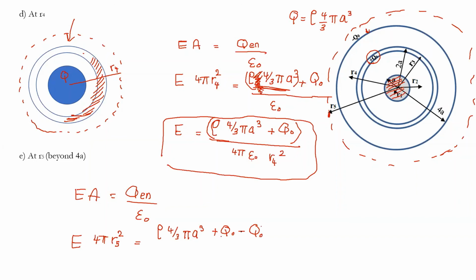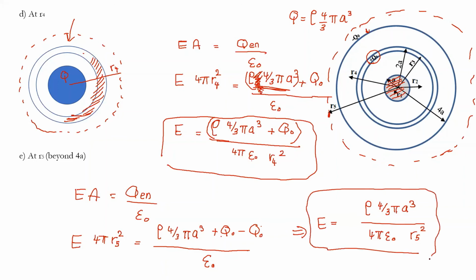So these get cancelled, right? So your electric field is rho 4 over 3 pi a cubed divided by 4 pi epsilon naught R5 to the power 2. What happened was Q naught and Q naught got cancelled because these two shells have opposite charges.